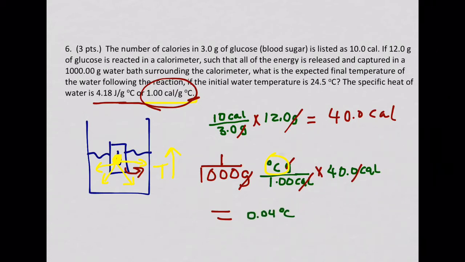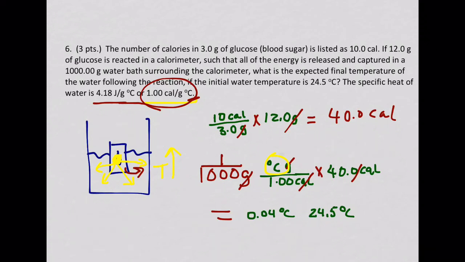And if we calculate that, we find out that 40 calories doesn't change the amount of temperature very much at all. We started out with a temperature of 25 and a half degrees, and so here we have increased the temperature that much.